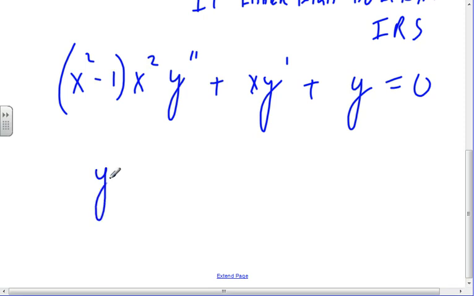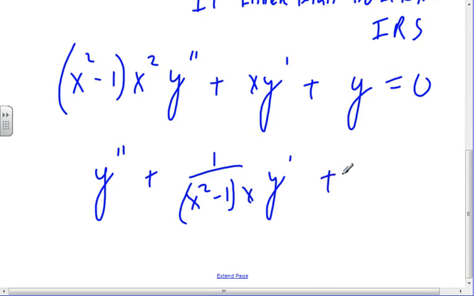Then I put that in the form y double prime plus 1 over (x squared minus 1) x y prime plus 1 over (x squared minus 1) x squared y is equal to 0.